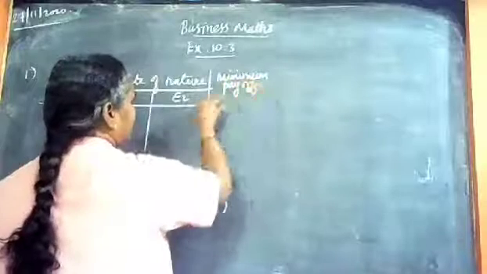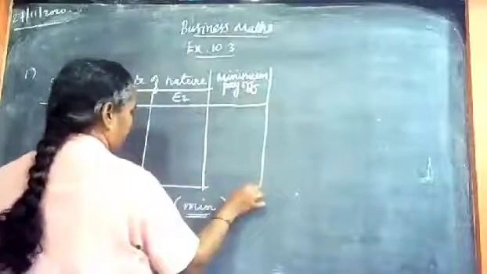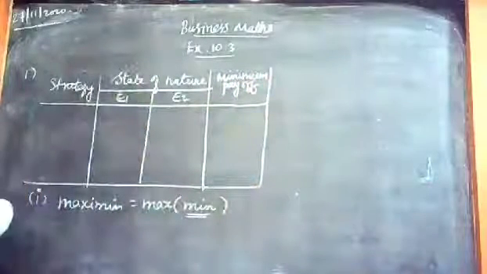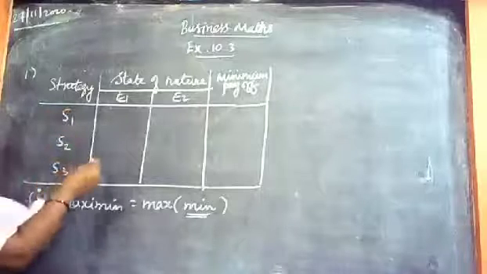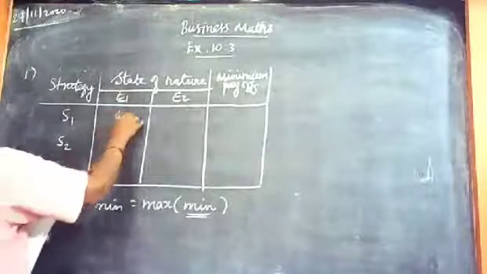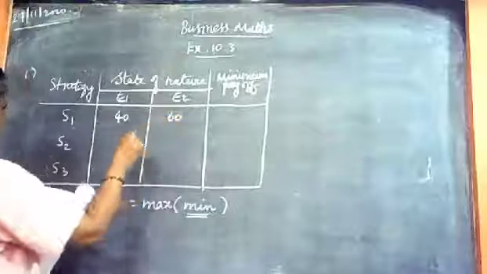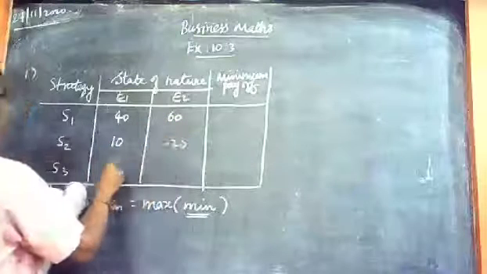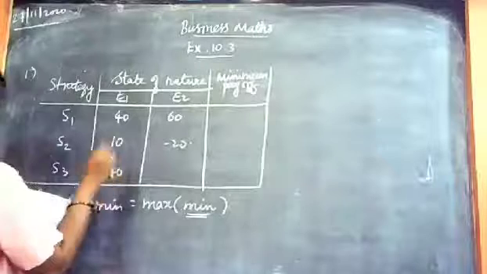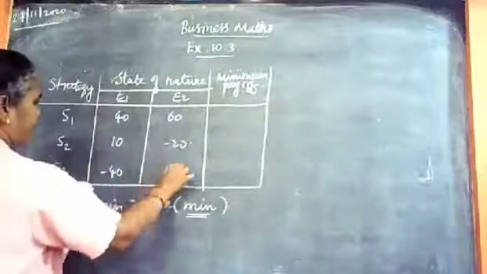Now you can write the data as per the question. S1, S2, S3: 40, 60; 10, minus 20; minus 40, 150.